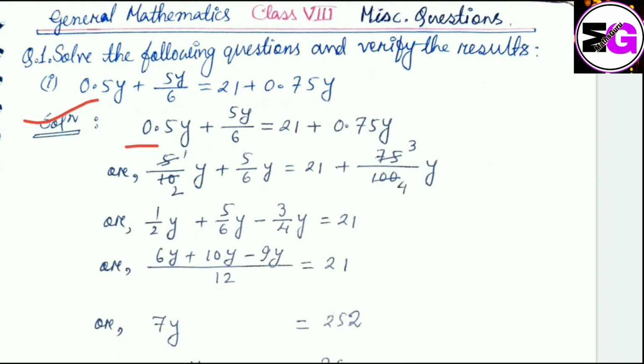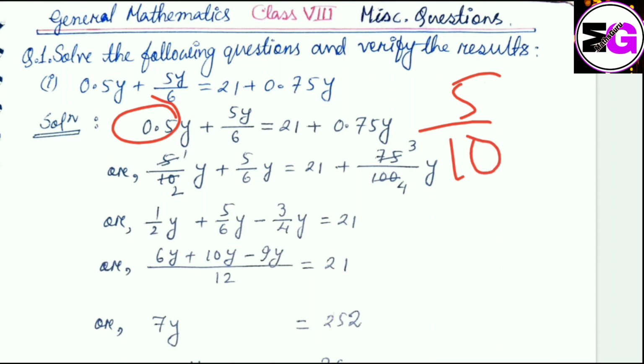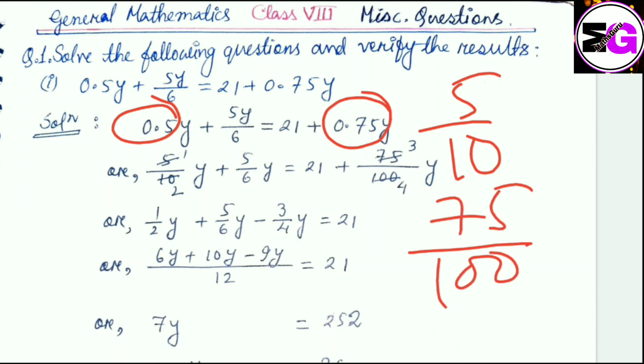So let me write it down: 0.5y plus 5y by 6 equals 21 plus 0.75y. 0.5 can be written in the form 5 by 10, and 0.75 can be written as 75 by 100. So we write 5 by 10y plus 5 by 6y equals 21 plus 75 by 100y.